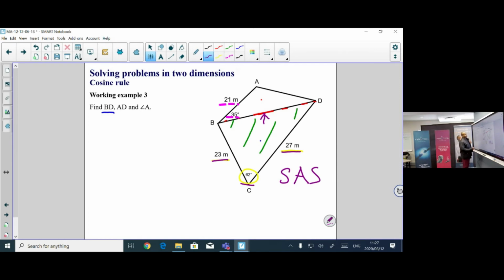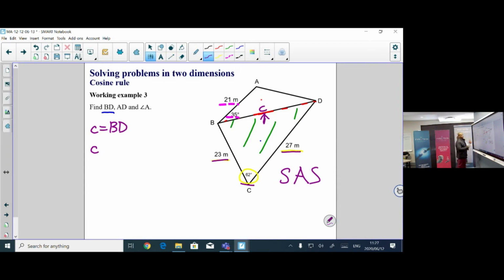So to do that, I'm going to call this side, which we said can have two names, but in this case, since the bigger triangle has one, this is small c. Okay, so I can now say I'm looking for small c here, which is actually my BD.